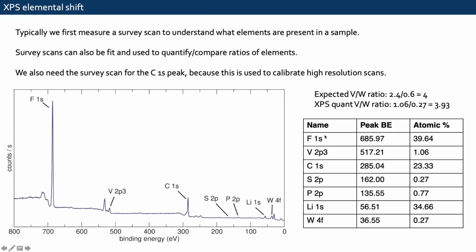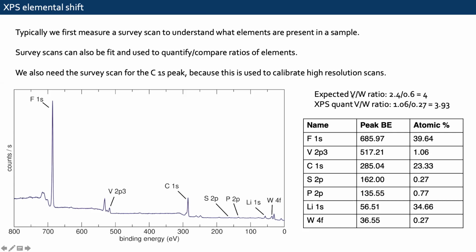And the table shows the different elements that we found in the sample at their exact binding energy. So here you can see the tungsten 4f is at 36 electron volts, so that one's right here. And then you can get the atomic percent.